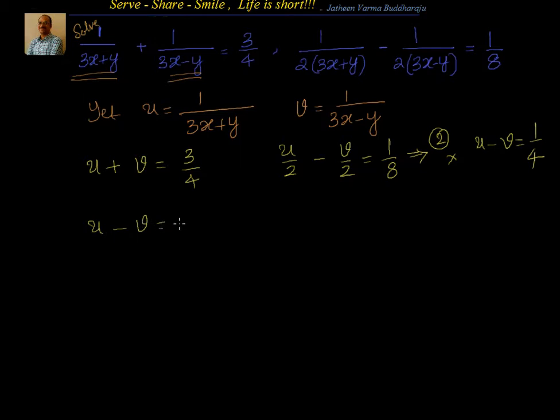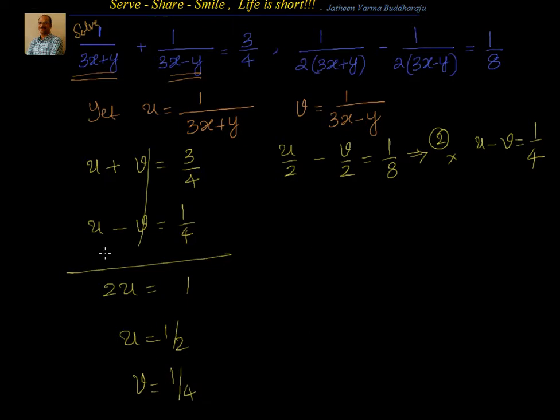So we have two equations, two variables. So just add them, you will get 2u = 1 or u = 1/2. If u is 1/2, you can see that 1/2 plus some value is 3/4. It should be 1/4. So u is 1/2 and v is 1/4.